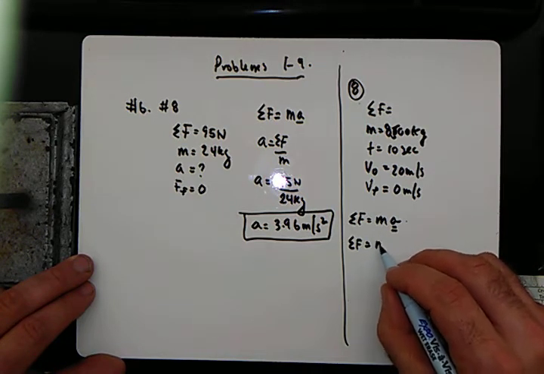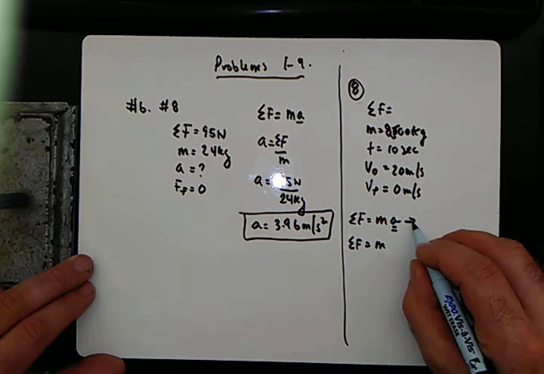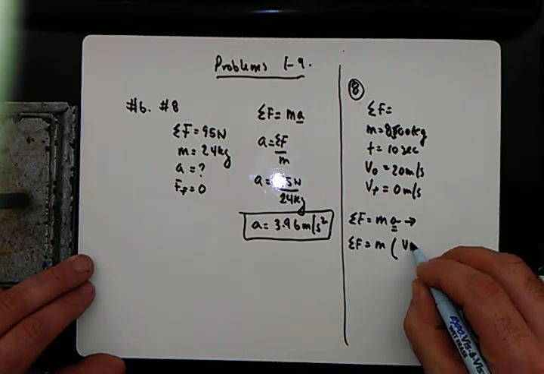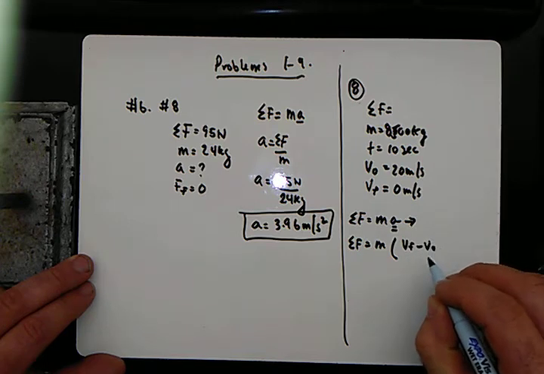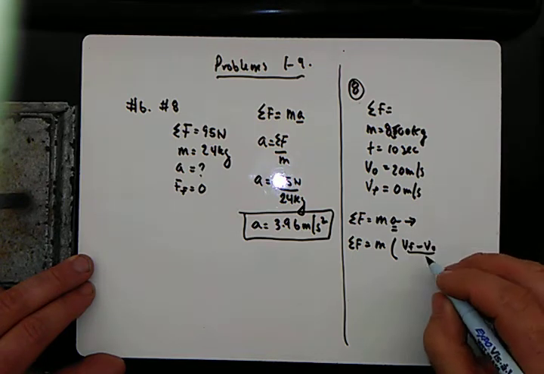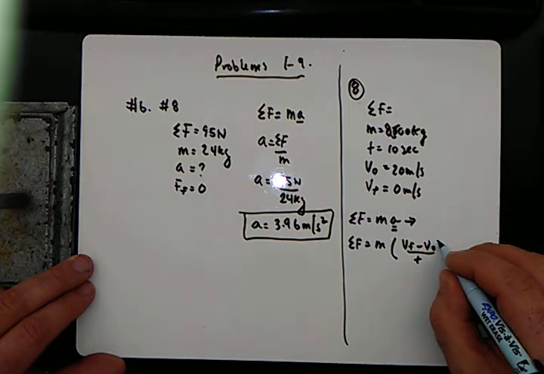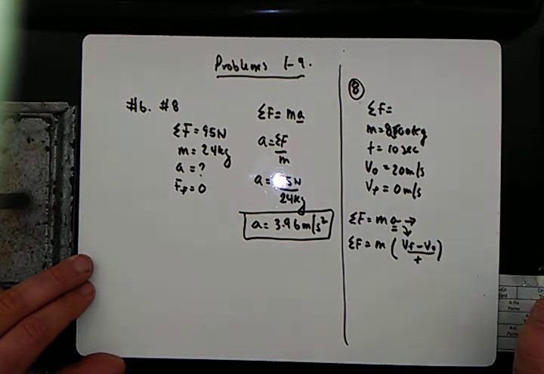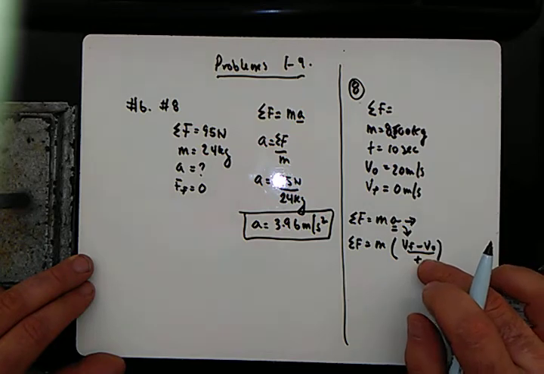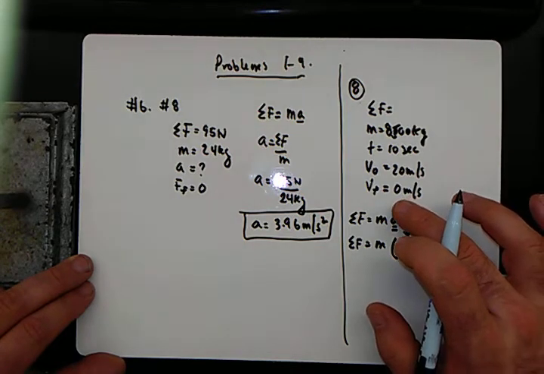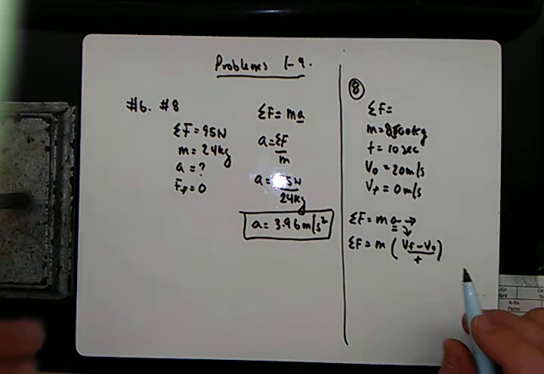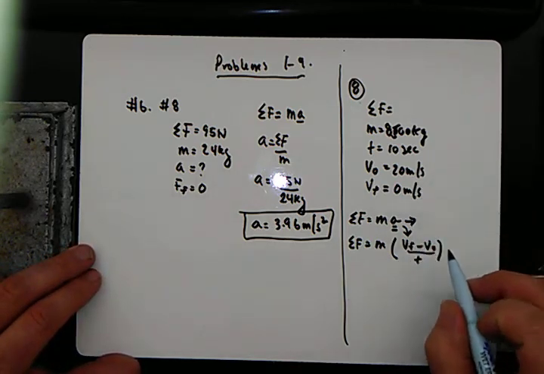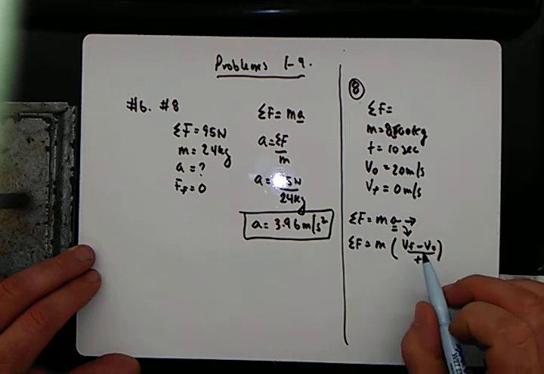So it'll be mass. So acceleration is equivalent to the final velocity minus the initial velocity over time. Okay, so all I did was I substituted this formula from my kinematics equations to replace acceleration, and now I can solve. But I can even simplify it even more because my final velocity is 0.